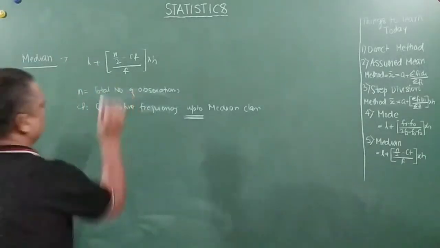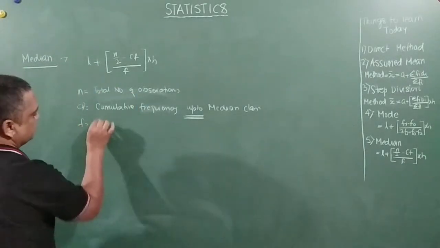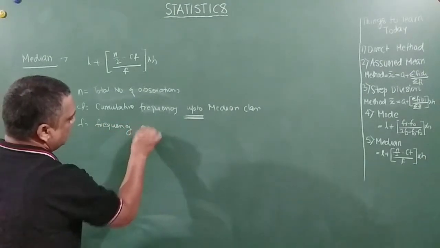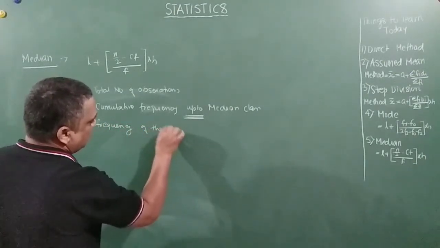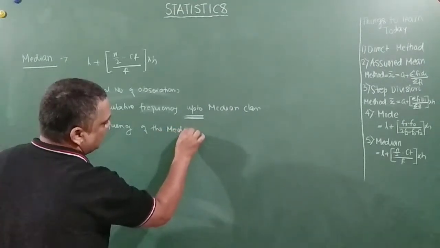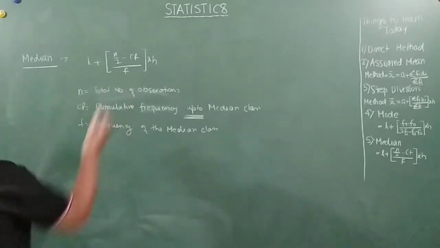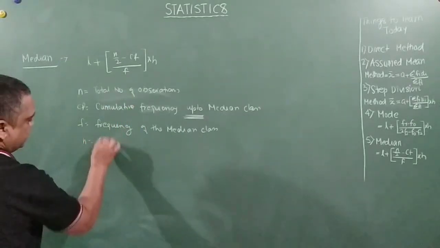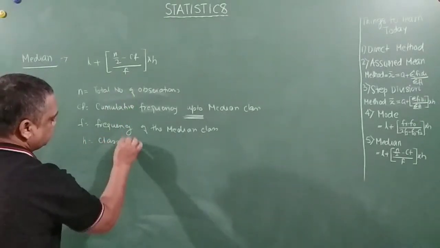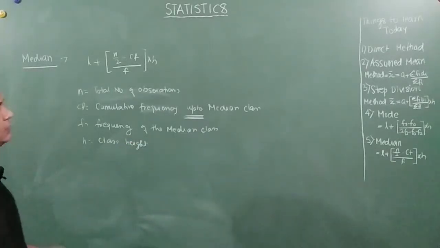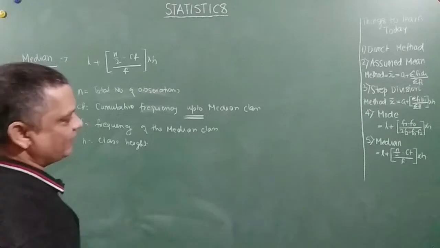Now f is the frequency of the median class. h is the class height, we all know it. So this also we will be using.